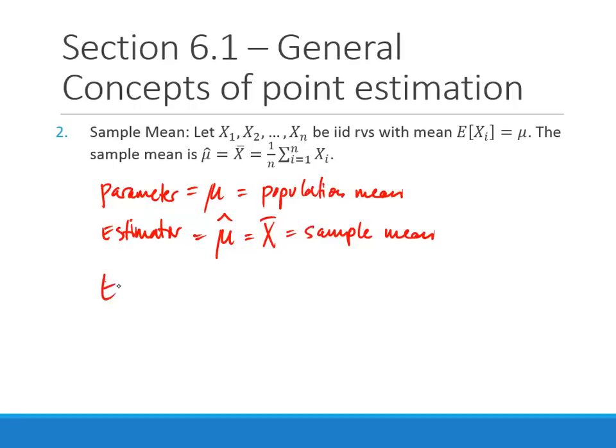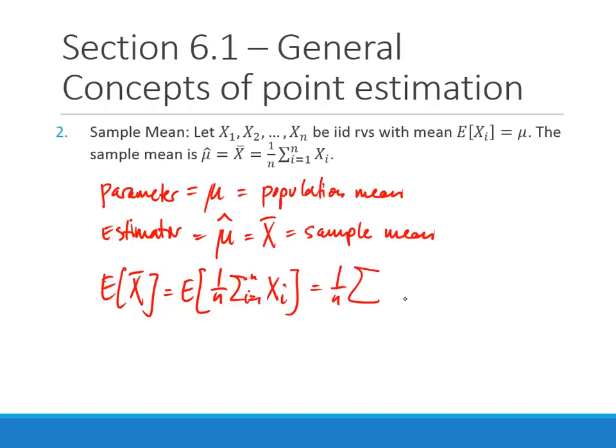So again, I'll take the expected value of x bar. x bar is just the sample average, 1 over n times the sum of my individual observations. Remember, the expected value of a sum is the same as the sum of the expected values. So I can take the 1 over n outside and interchange the summation and expectation.